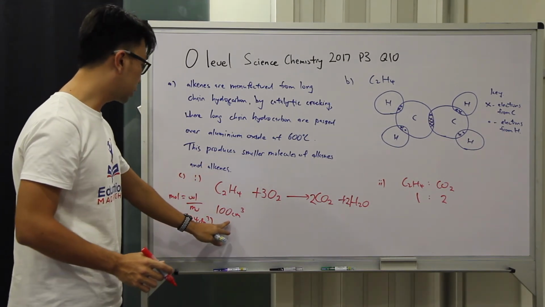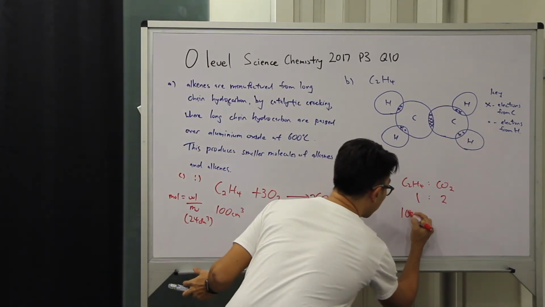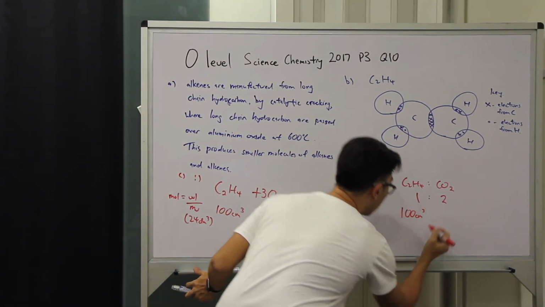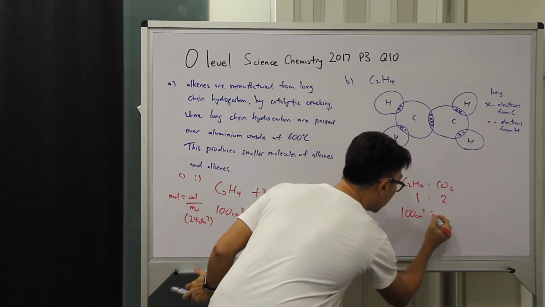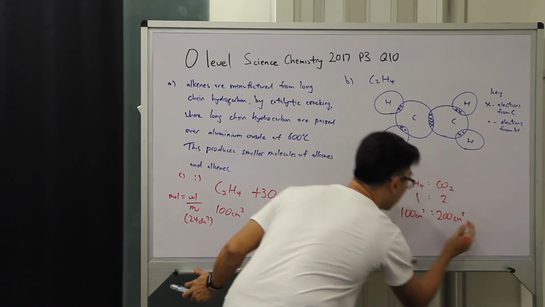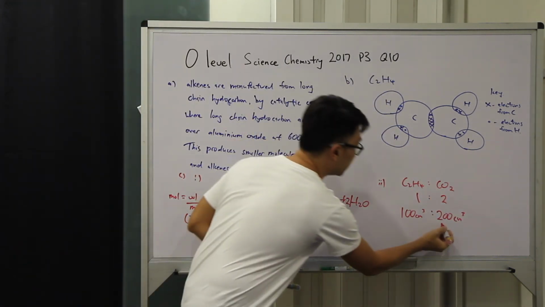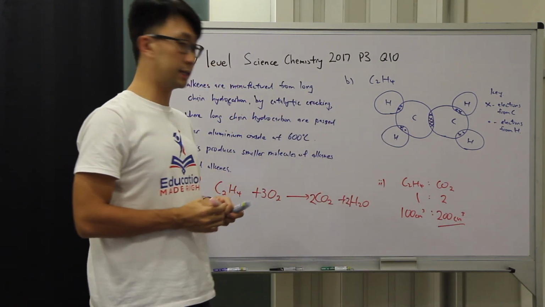Okay, so we can actually use 100 cm³ right here. So if we burn 100 cm³ of the ethene, we will get 200 cm³ of the carbon dioxide being produced. Alright, so this will be the answer for our C part (ii).